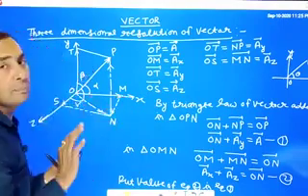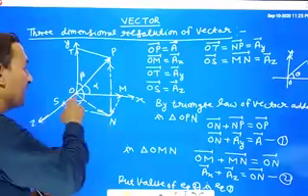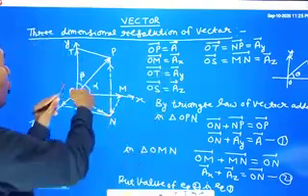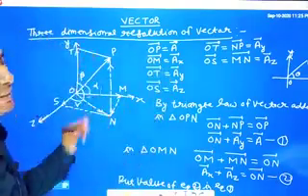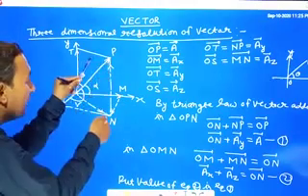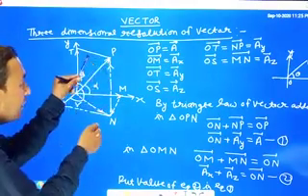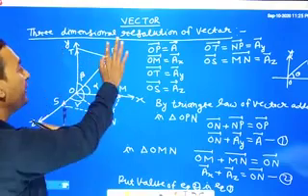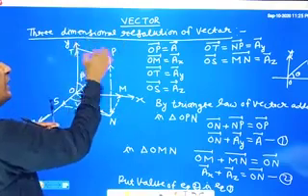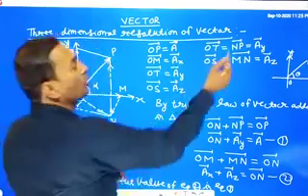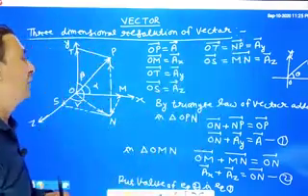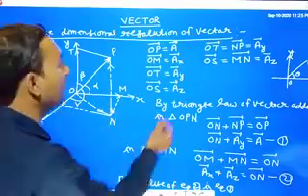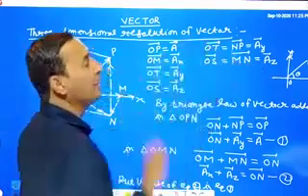Then OM is the component in the x direction, OS is the component in the z direction, and OT is the component in the y direction. By the diagram, it is clear that PN is parallel to TO, and NP and OT are equal. So we can write NP equal to Ay. Like that, OS and MN are parallel and equal, so OS equal to Az, and MN also equal to Az.